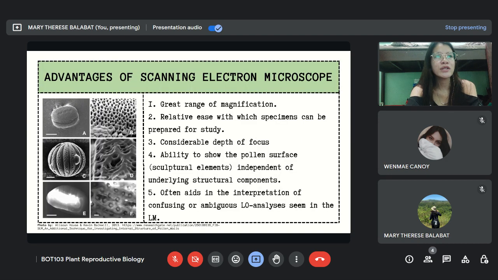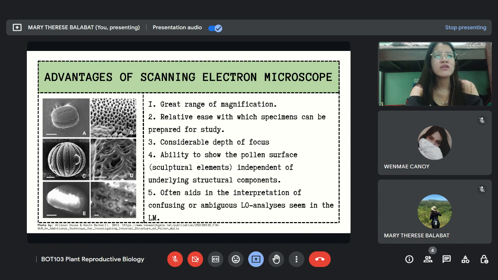So first is great range of magnification, relative ease with which specimens can be prepared for study, considerable depth of focus. As you can see in this image, the parts of the pollen are very clear, and the ability to show the pollen surface independent of underlying structural components.